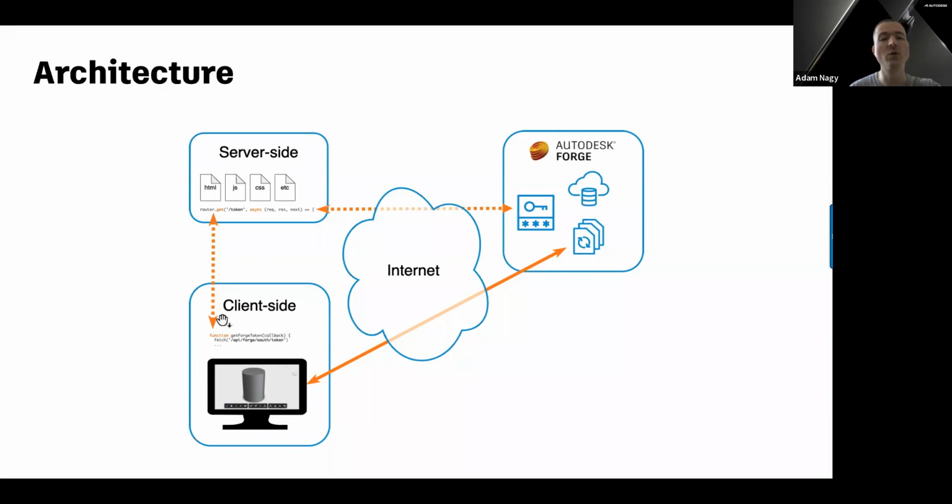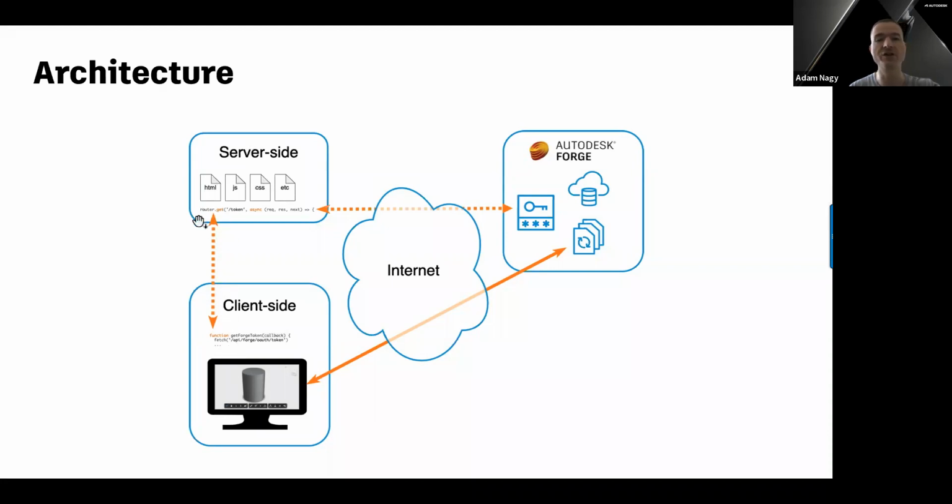And that's why all these requests related to, for example, getting the list of hubs and projects and files are all going through our server side, because the server side will have that specific internal token that we are going to be using to interact with Forge. It's not going to be exposed to the client side.